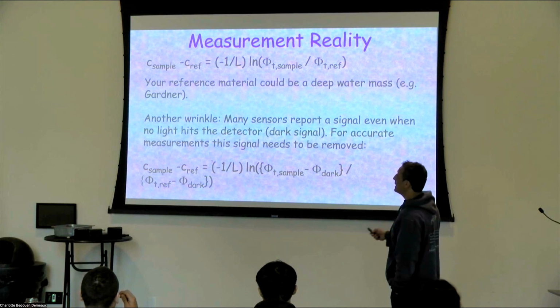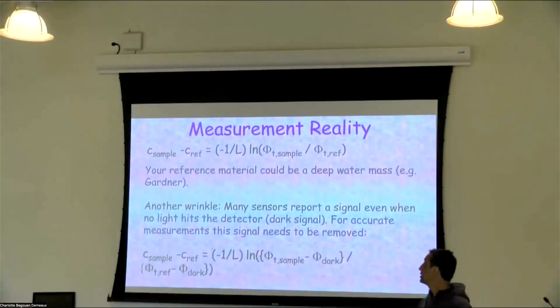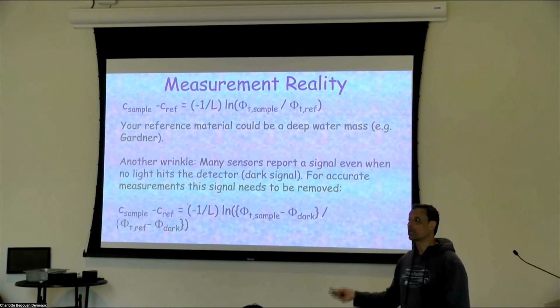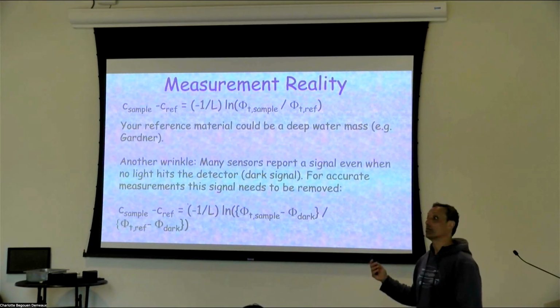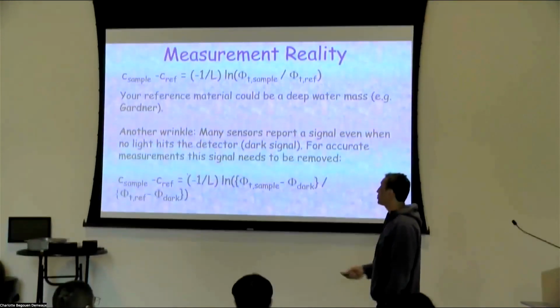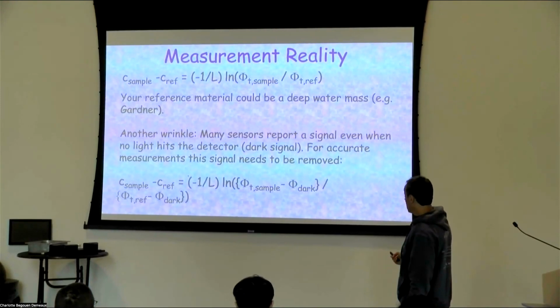Okay, so when you do measurements, as we talked about yesterday, sometimes your reference material is a deep water mass, because you cannot make clean enough water stably on the vessel that works well for your instrument.